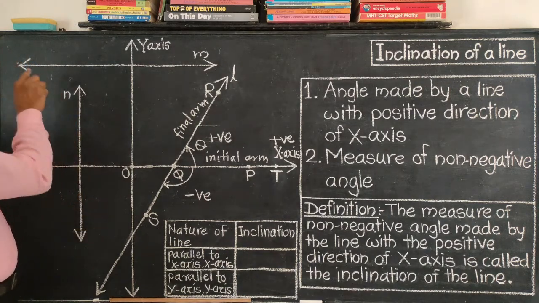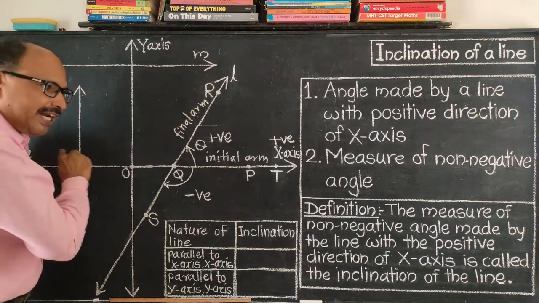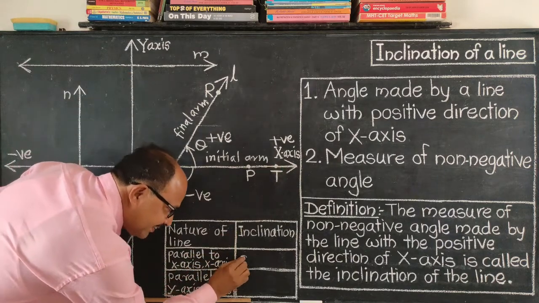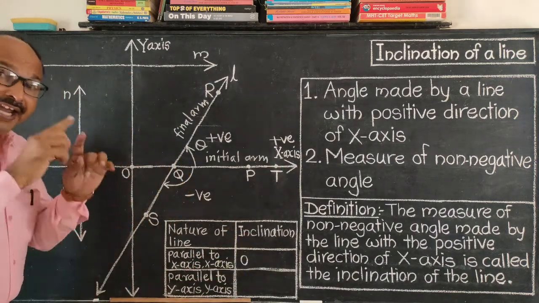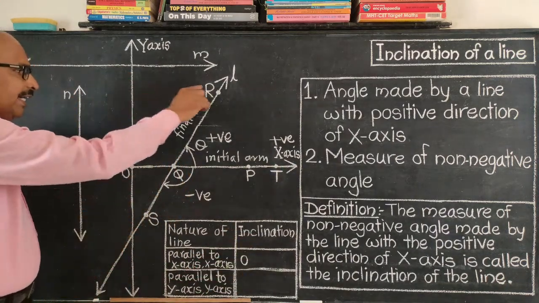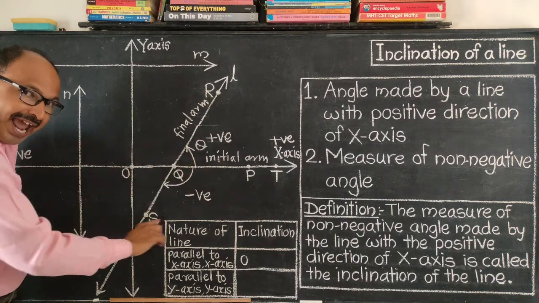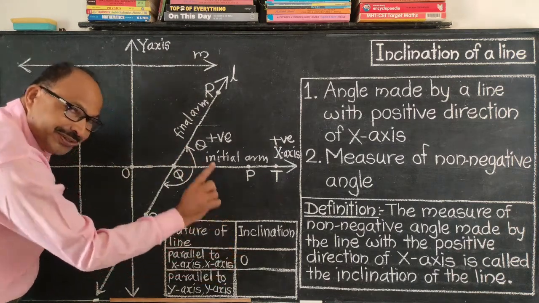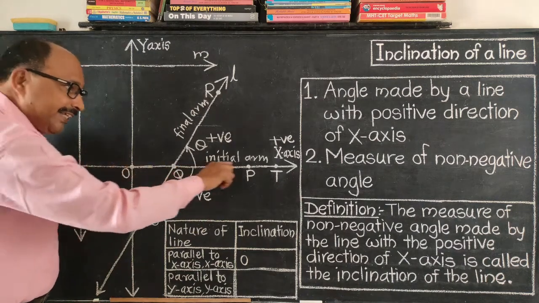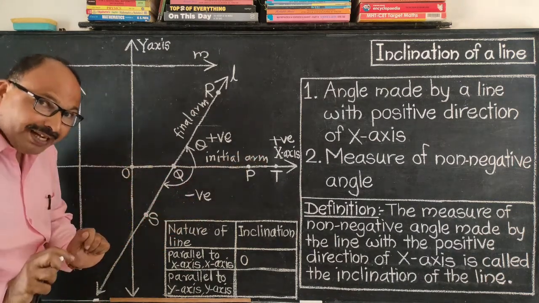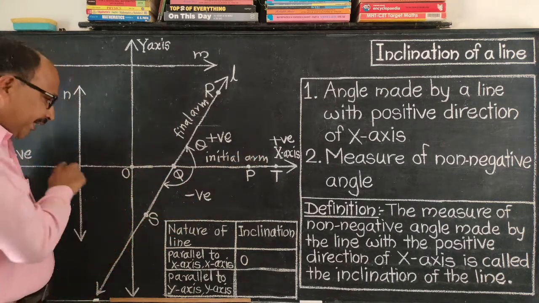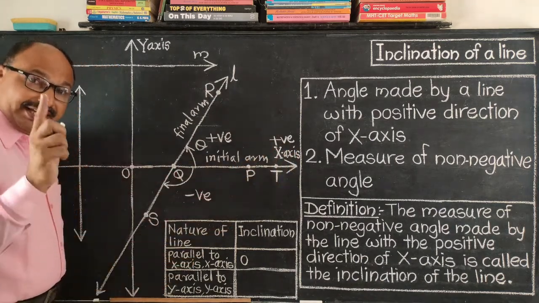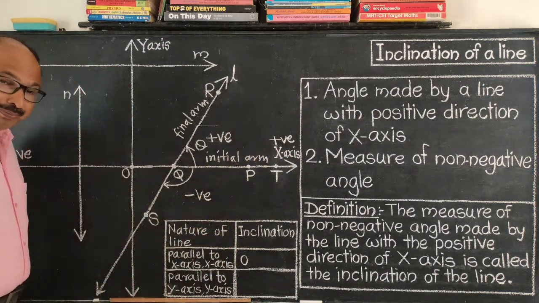Therefore, inclination of this line M parallel to x-axis is 0. Every line parallel to x-axis has inclination 0. X-axis is parallel to itself. Therefore, inclination of x-axis is also 0.